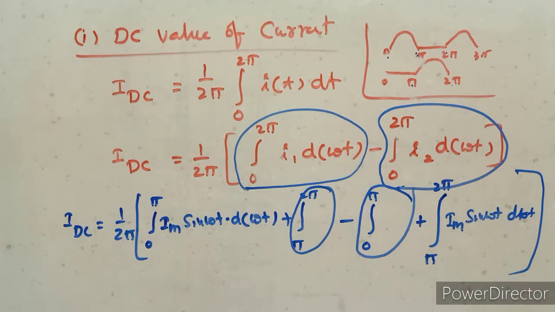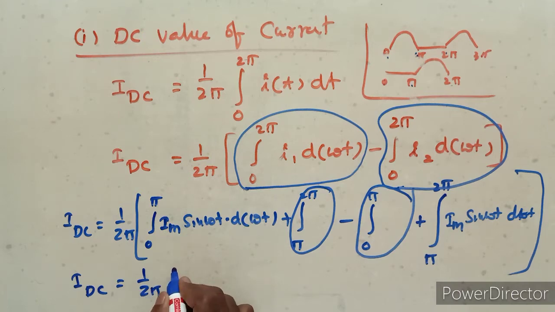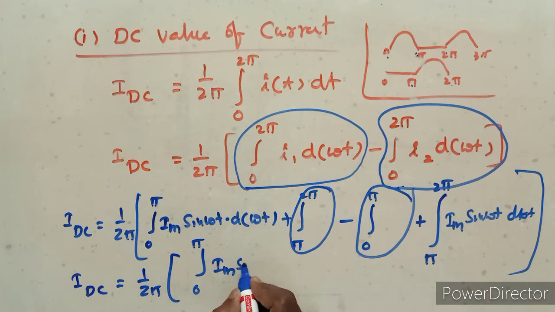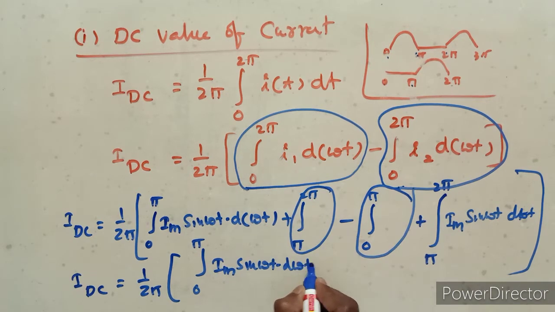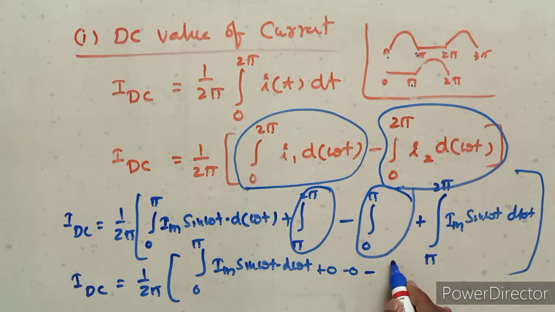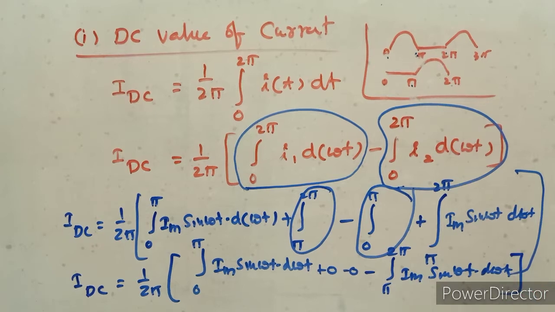Totally, the DC current equals 1 upon 2 pi integration 0 to pi Im sin omega t d omega t plus 0, minus 0, minus integration pi to 2 pi Im sin omega t d omega t.